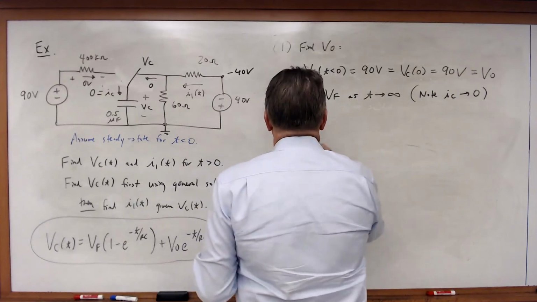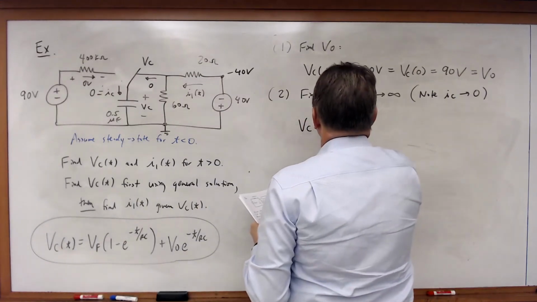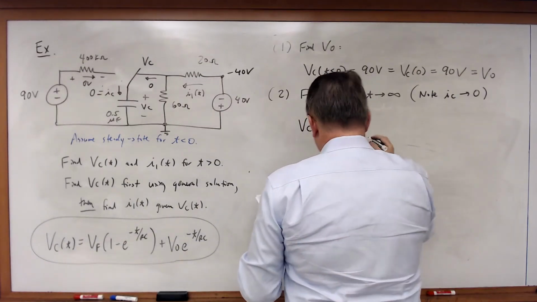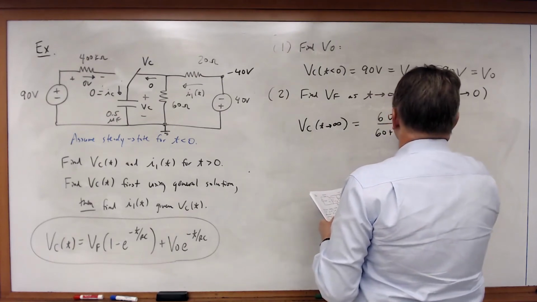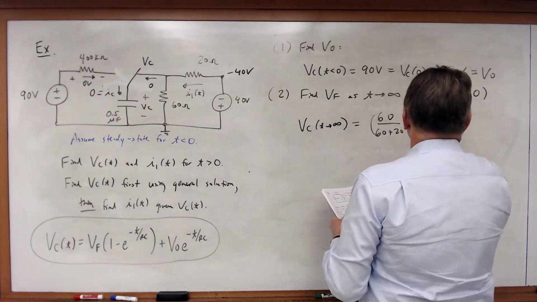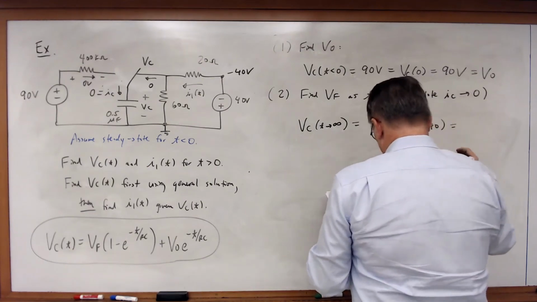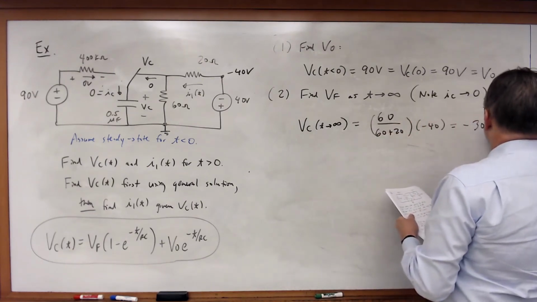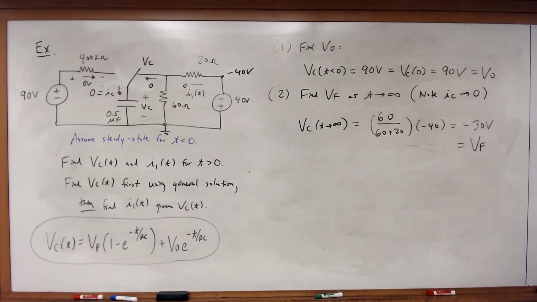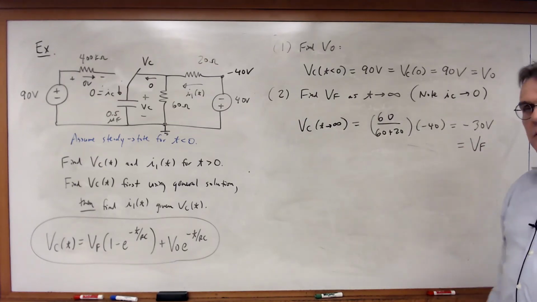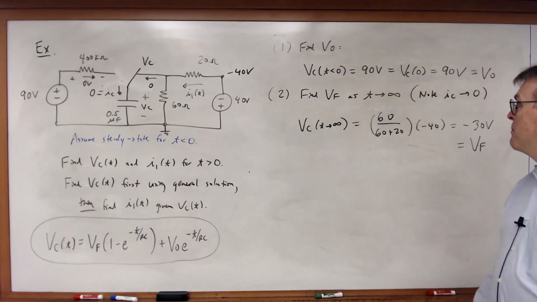And so therefore, VC as t goes to infinity is just equal to 60 over 60 plus 20 times minus 40, which is equal to minus 30 volts. And that is my final or forced condition of the capacitor as t goes to infinity.